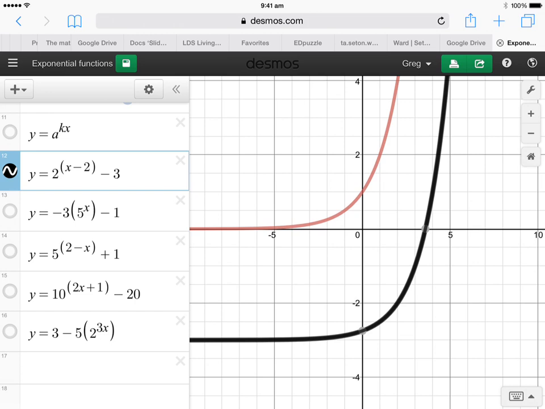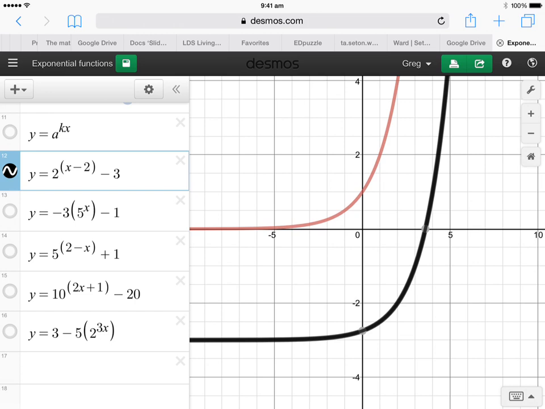When I'm looking at this one here in black, first of all, the x minus 2 in the power suggests that everything's shifted across to the right 2, and the minus 3 means everything is shifted down 3. So before, when the y-intercept was at 0, 1, now the y-intercept is at 0, negative 3.